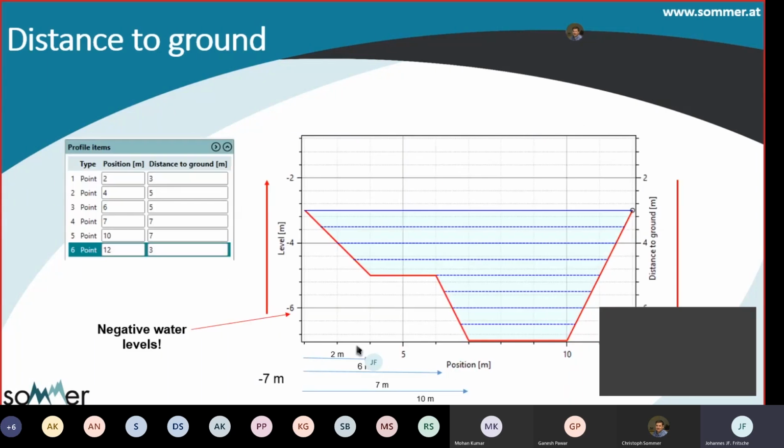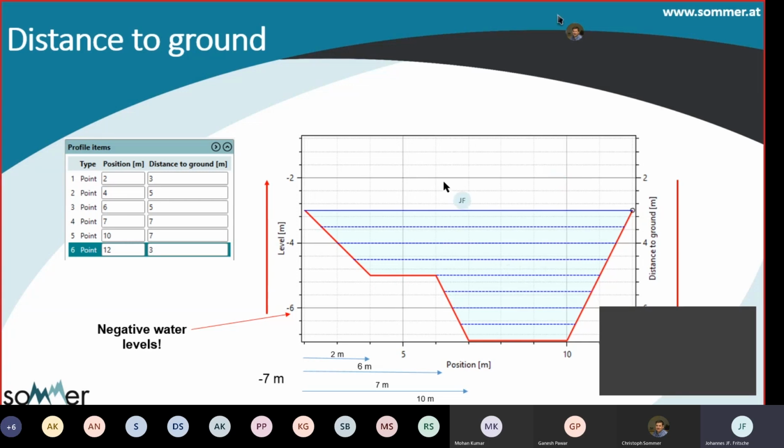And we transfer those numbers into the profile items of the Q Commander and say point 1 is 2 meters from the reference point in the horizontal direction and 3 meters from top downwards to the first point. So point 1 here would refer to this point, point 2, 4, 5 would refer to this point, and so on.